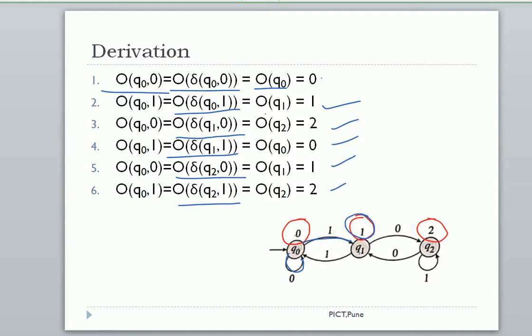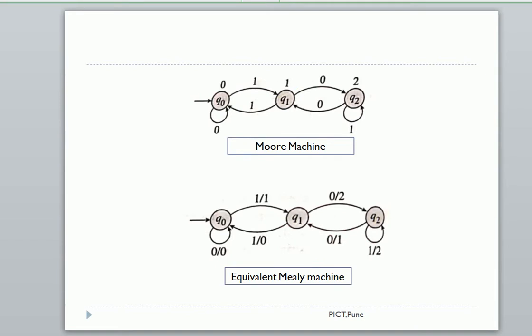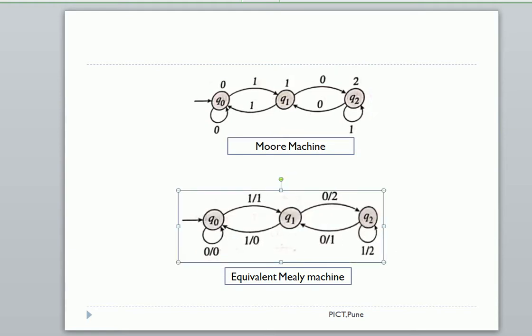Now from that we have to draw the diagram. That will be the Mealy machine. See, this is the Mealy machine we have. Now here we will write the outputs on the transitions.